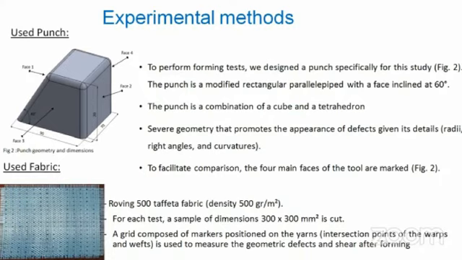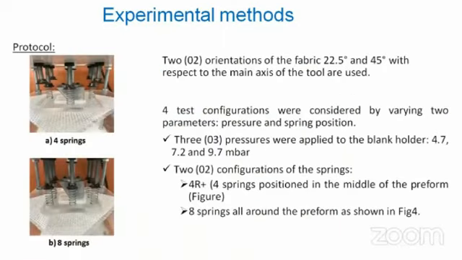Markers positioned on the yarn intersections of the warp and weft are used to measure the geometric defects and shear after forming. In the protocol, we have 2 orientations of the fabric, 22.5 degrees and 45 degrees with respect to the main axis of the tool.